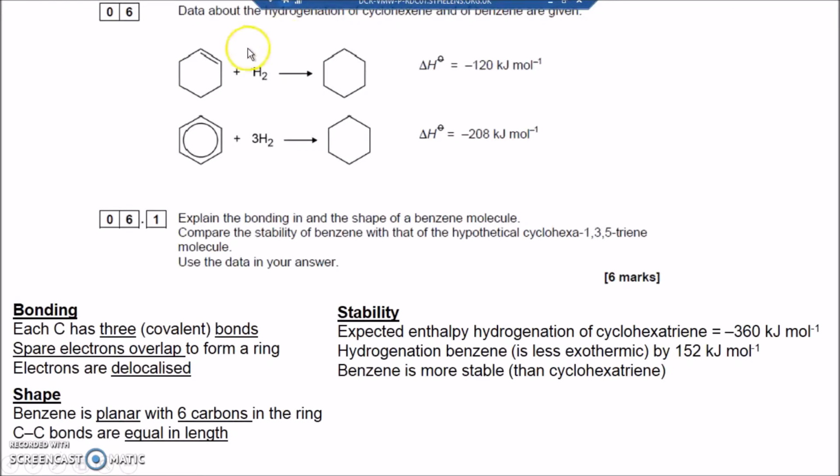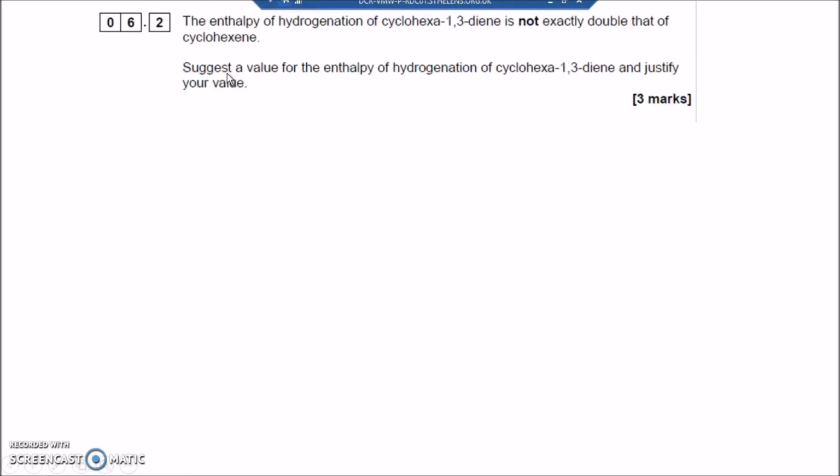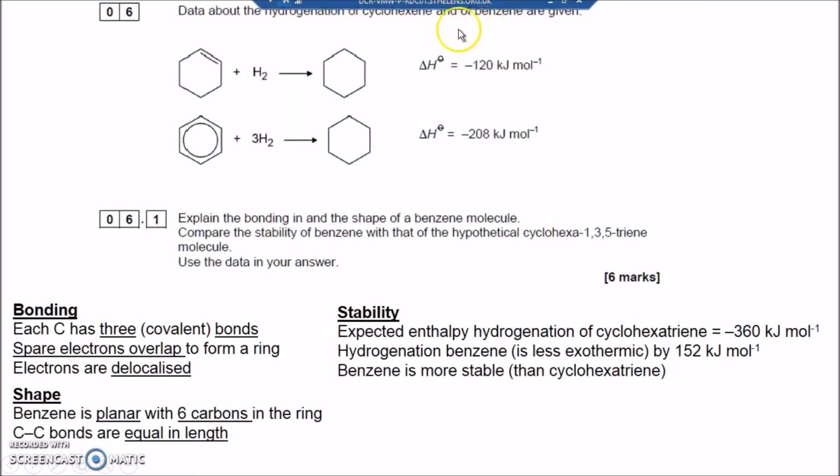So cyclohexene, when we add a hydrogen across the double bond, it's minus 120. There's another chemical called 1,3-diene, 2 double bonds, one at carbon number 1 and the next one at carbon number 3, so it would be a double, single, double, and it's not minus 240.